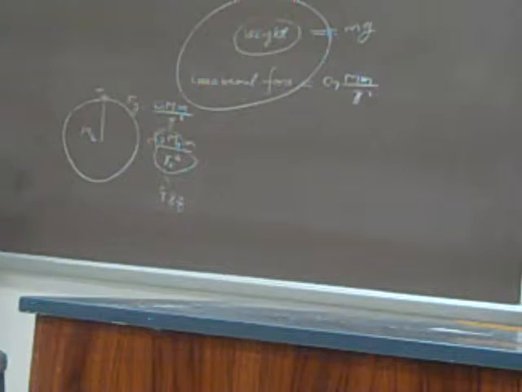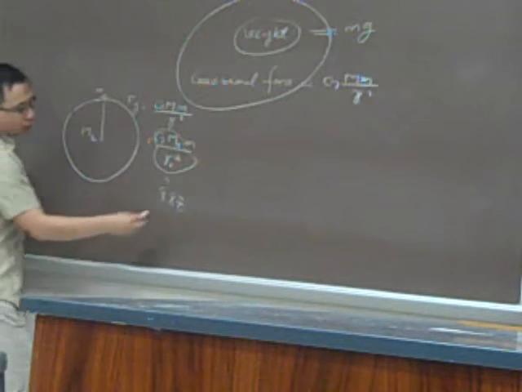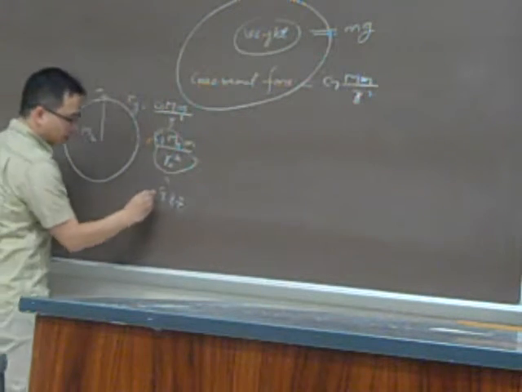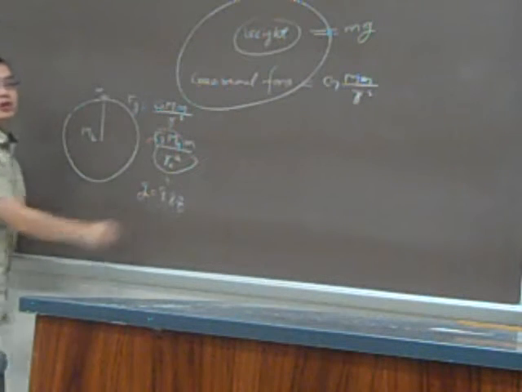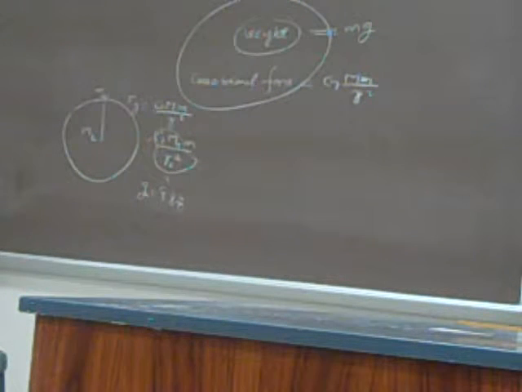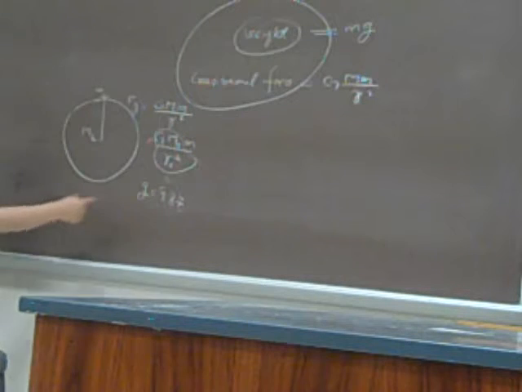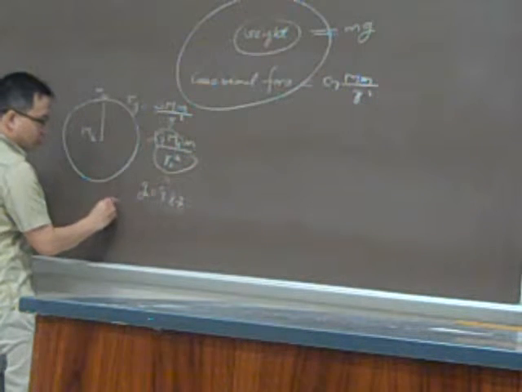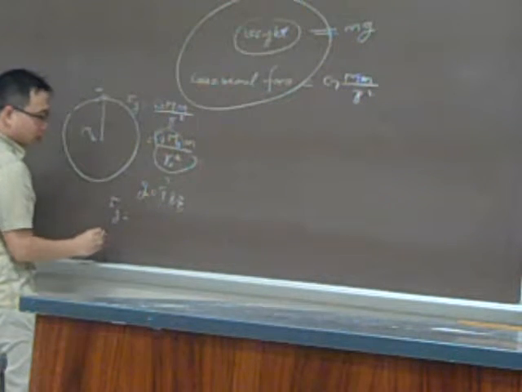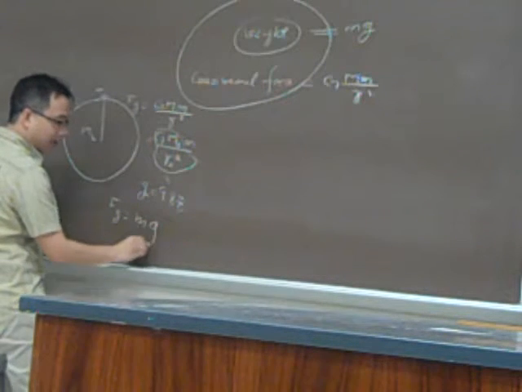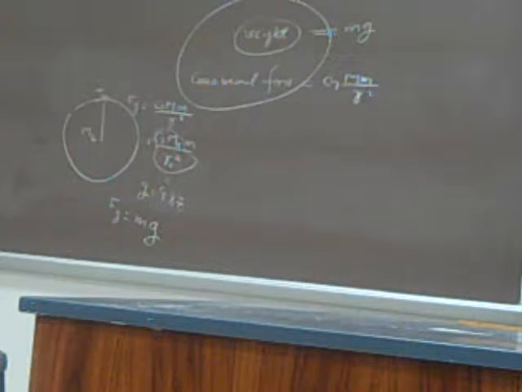Since it's an important constant, why don't we just give it a name? We call it small g, the gravitational constant. That's why we have Fg in this special situation equal to mass multiplied by g. Any questions here?